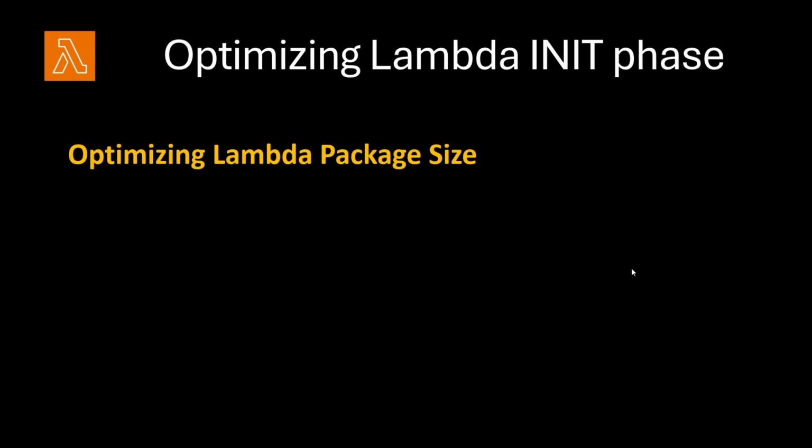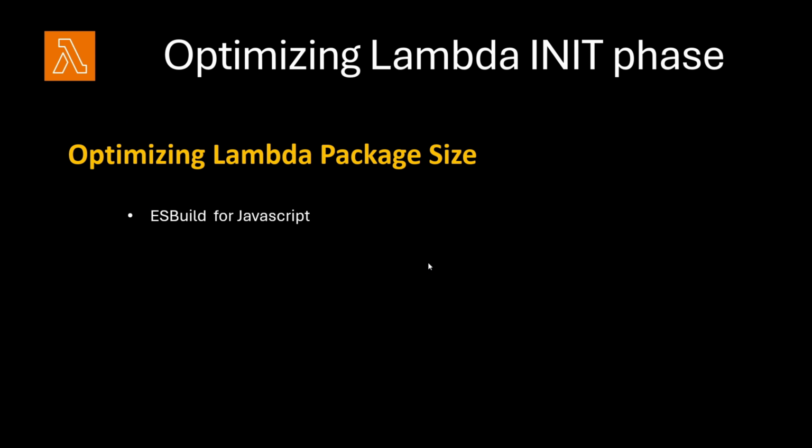So let's first see optimizing Lambda package size. You can reduce the function package size, but for that, you would need to import only the libraries and dependencies that are actually needed for the function to work. You should not have any dependencies or libraries inside your Lambda package which are doing nothing for your function. So you should just remove those things. A smaller package means faster downloads, which directly reduces your initialization duration.